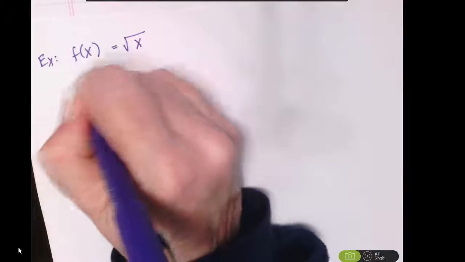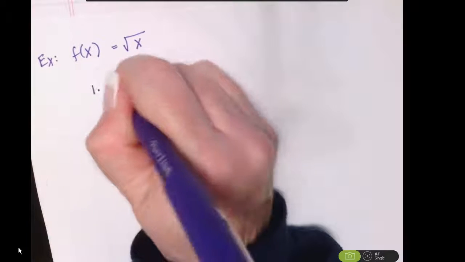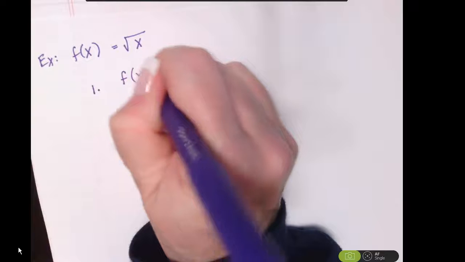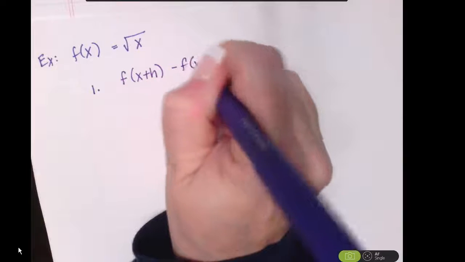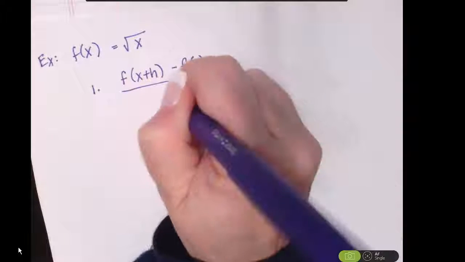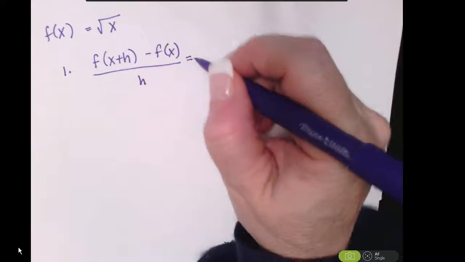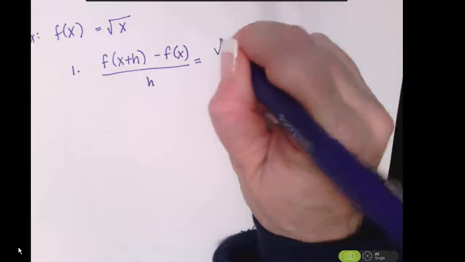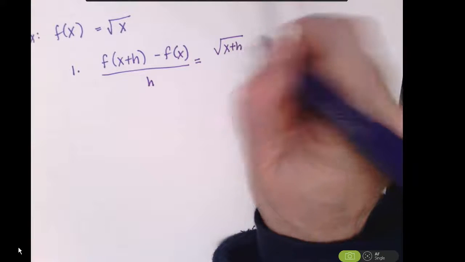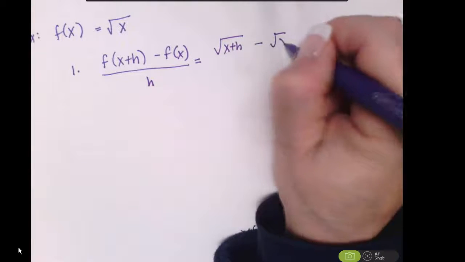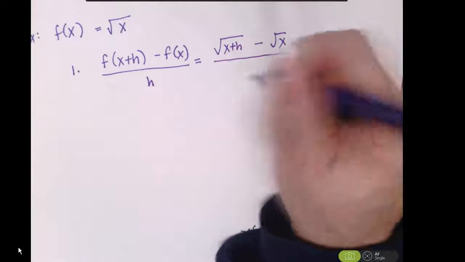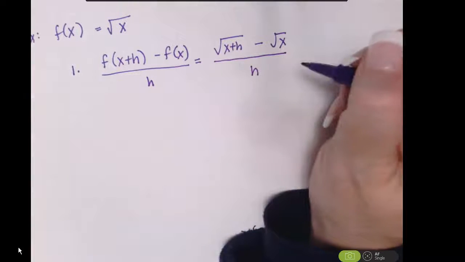So I'm going to set it up like this: f of x plus h minus f of x all over h. And I'm going to substitute in. So radical x plus h minus radical x all over h.